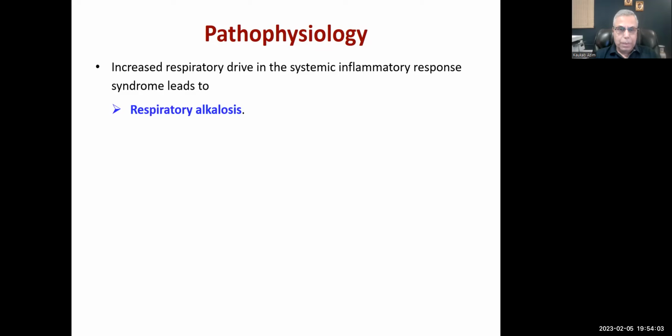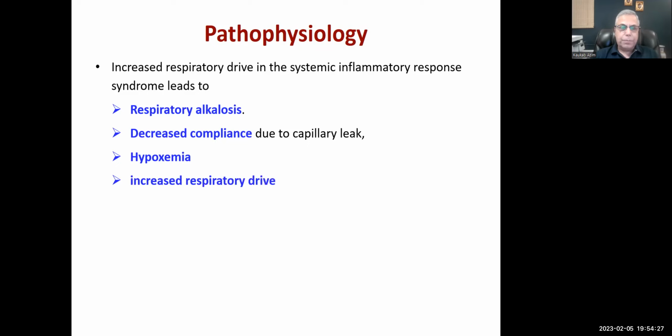He will lose carbon dioxide because he's breathing fast. So that could lead to respiratory alkalosis, decreased compliance due to capillary leak, and hypoxemia. Obviously, the oxygen is low because the exchange of gases in the alveoli is decreased.